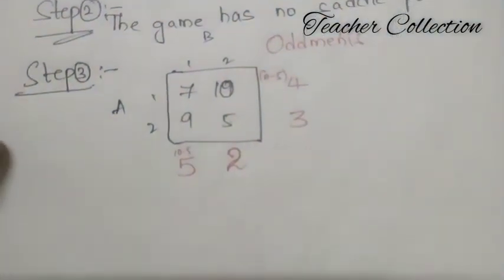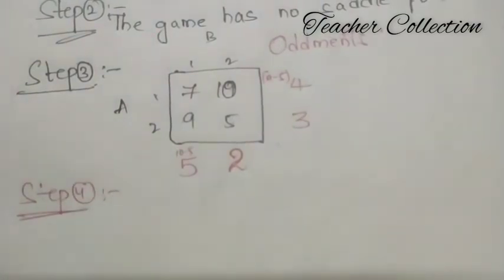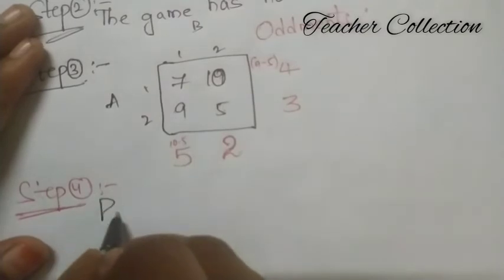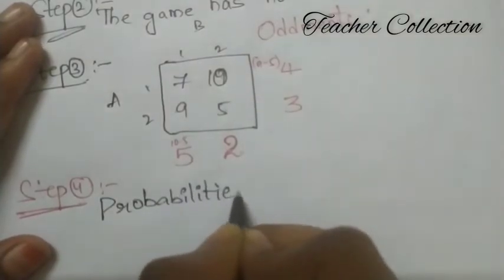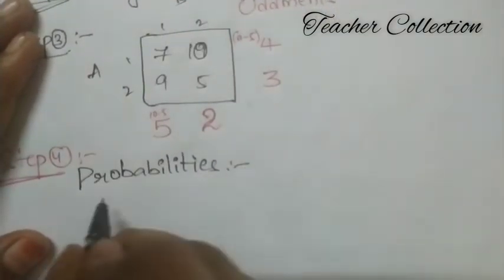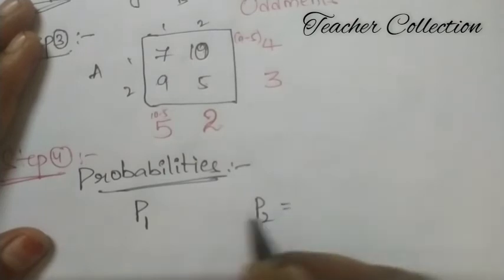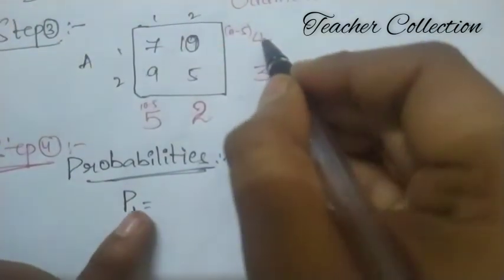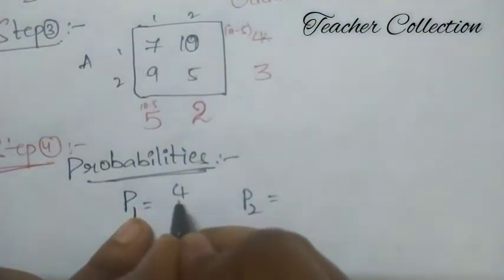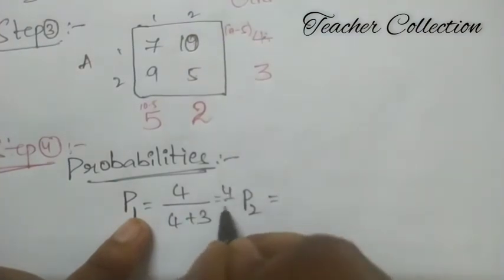Now step 4 is we have to find probabilities. Probabilities of player A are P1 and P2. Very simple, no need to write all the formulas. Here for P1, 4 by 4 plus 3, that is 4 by 7.